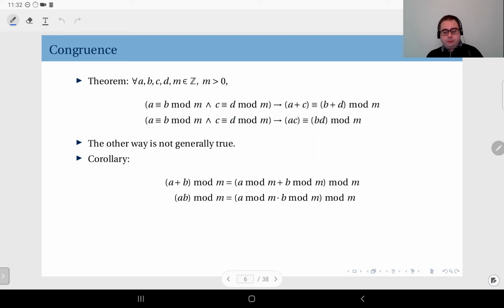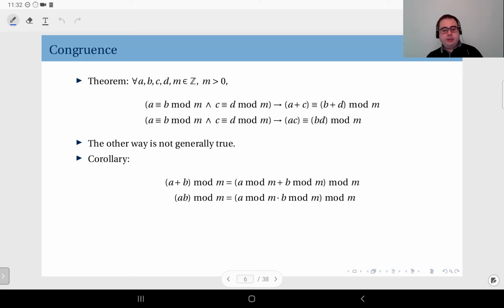Okay, so next we have two very useful results, and I believe you might have been using this for years. Essentially, when you have integers a, b, c, d, m, where m, the modular value, is greater than 0.